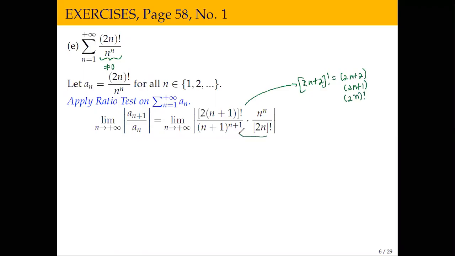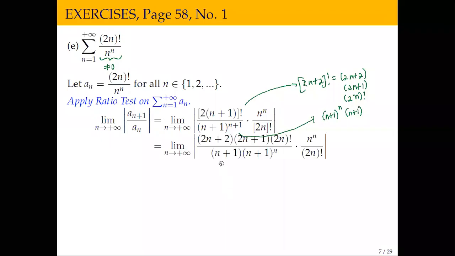This one over here is just n plus 1 raised to n times n plus 1. Thus, this limit is just equal to the following. As you can see, you can factor out 2n factorial in here and 2n factorial in here.